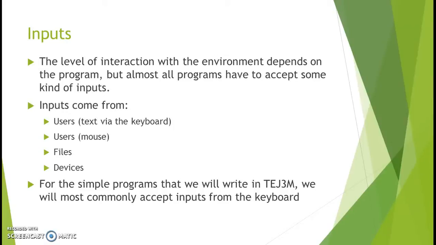And those inputs may come from users, for example, through text from a keyboard. They may come from the mouse. They may simply open files. Or devices may provide them with inputs. The simple programs we're going to write in TJ3M, quite often we're going to accept inputs from the keyboard. As we get more elaborate, that'll change.